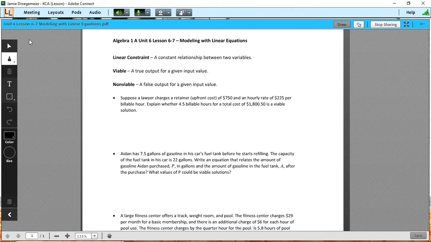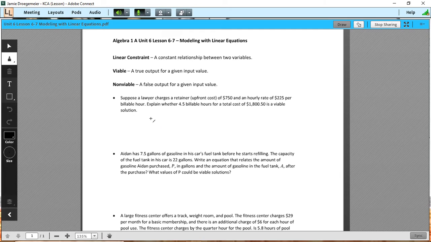We want to explain whether 4.5 billable hours for a total cost of $1,800.50 is a viable solution. Really, when we ask if it's a viable solution, we want to know, if the lawyer has 4.5 billable hours, does that total cost work with the information we've been given about their fees?